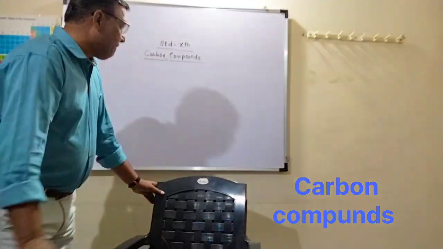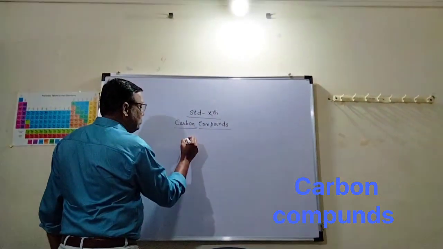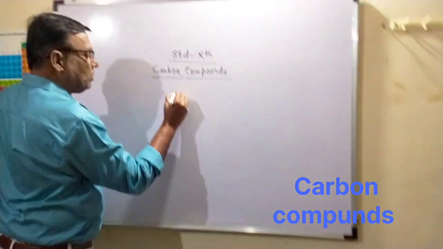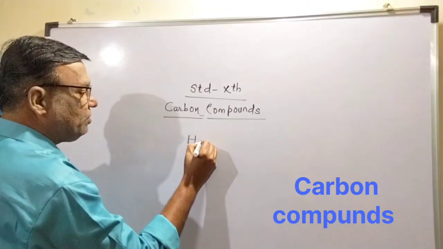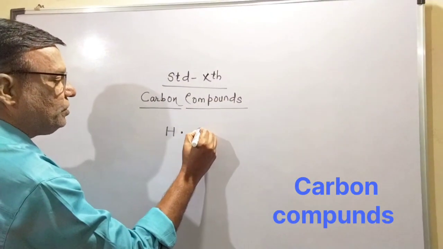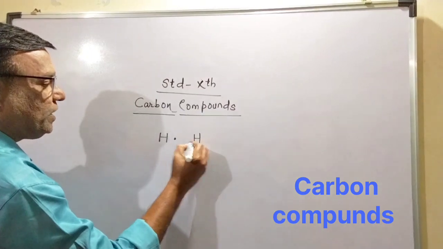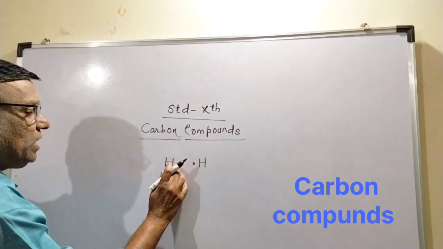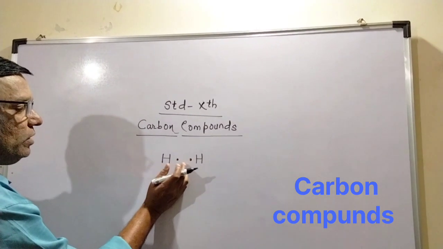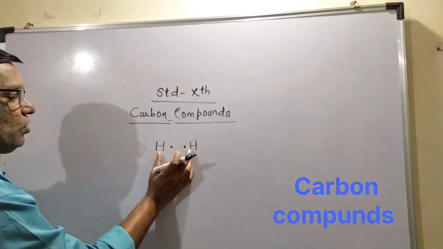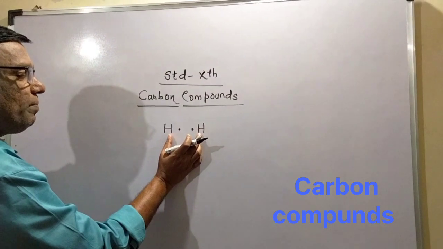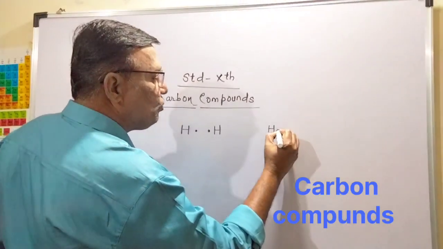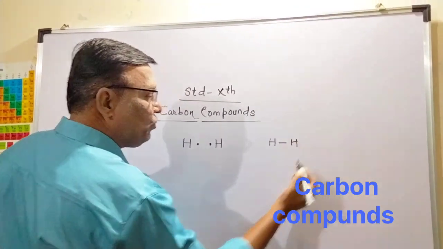So here, this is the first hydrogen atom. It has one electron. This is the second hydrogen atom. It has one electron. By sharing of these two electrons between the two atoms of hydrogen, a single bond is formed.